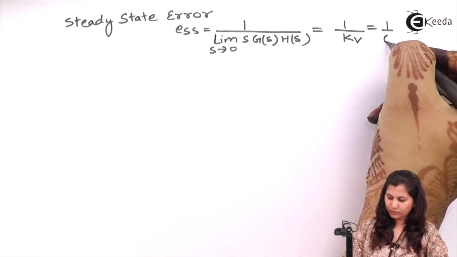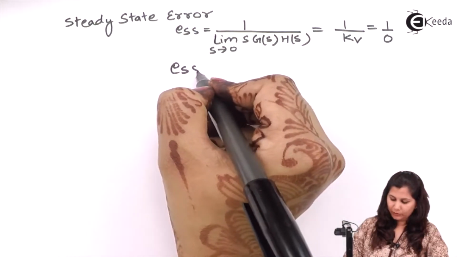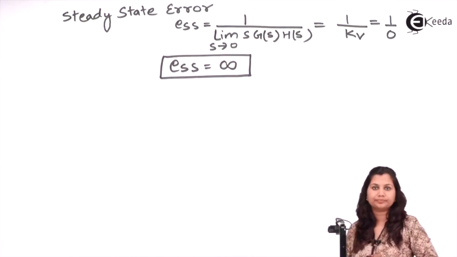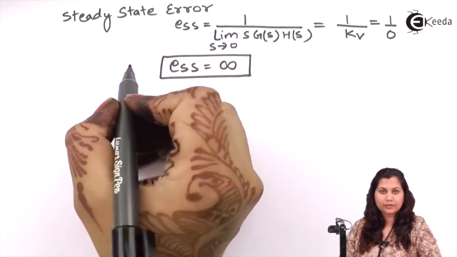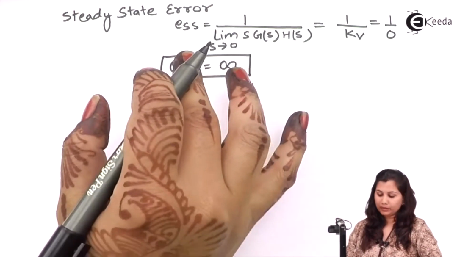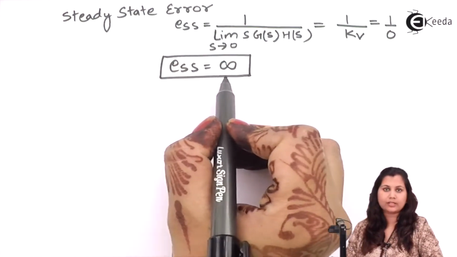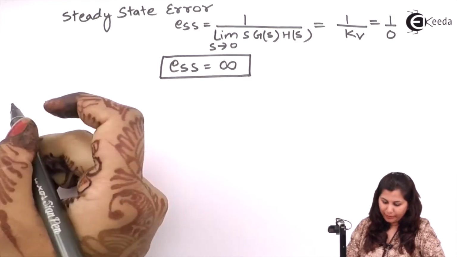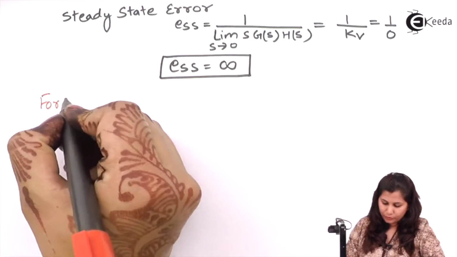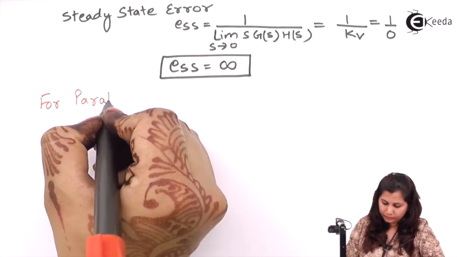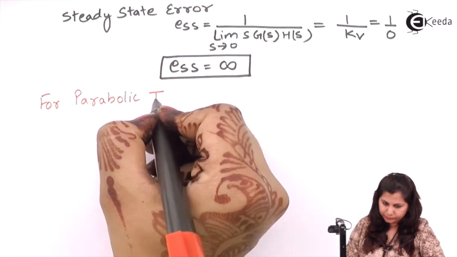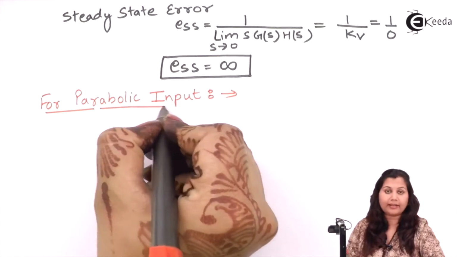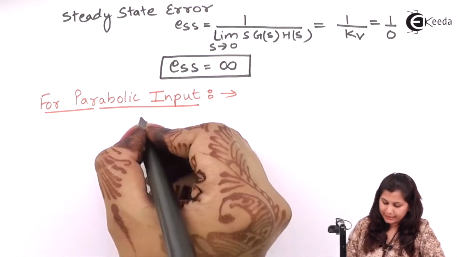So 1 upon 0. So ess will be equal to infinity. So for type 0 system and for the ramp input, the steady state error is equal to infinity. Now the third input is the parabolic input. So for parabolic input, we have the static acceleration coefficient, that is Ka.